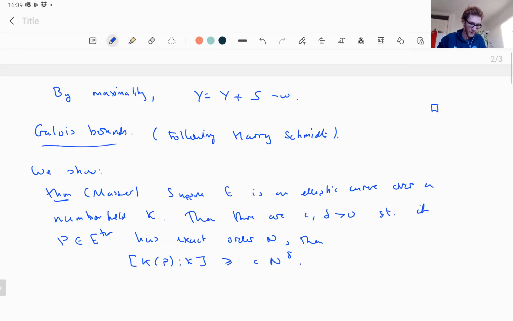Okay, so this is what we want to prove. Harry's idea was to use counting to do this, but it seems it's not enough to use Pila-Wilkie. Pila-Wilkie is not quite good enough, so you need an improvement.